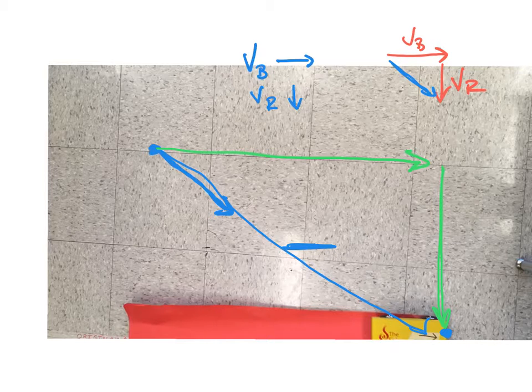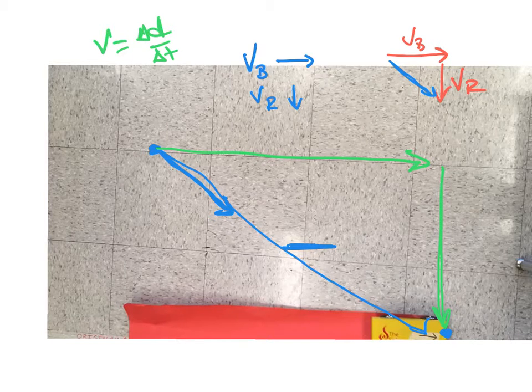And remember that we're talking about velocity. Velocity is simply displacement over time. Right, velocity is delta d over delta t.